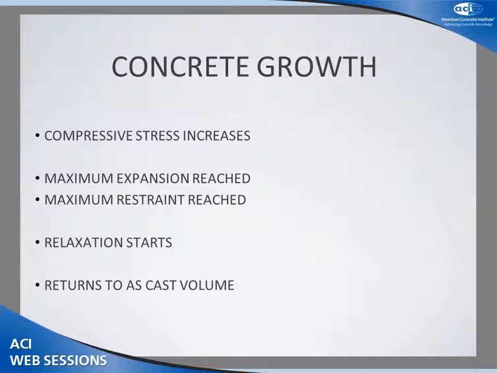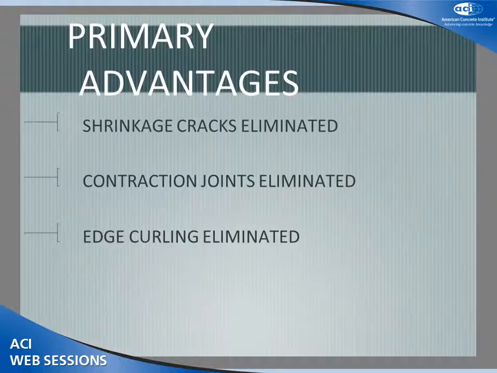Here's what we look at when we look at the primary advantages of shrinkage compensating concrete, and especially type G. Shrinkage cracking can be eliminated or greatly reduced when using shrinkage compensating concrete in lieu of conventional Portland cement concrete. This is the reason why shrinkage compensating concrete was developed.